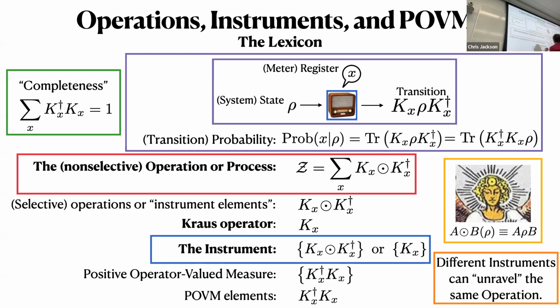Because all of this corresponds to probabilities and sampling probabilities, there's a particular condition left over on these K's, the so-called completeness relation. To recapitulate, an instrument is just a set of operators that satisfy this condition. In its purest sense, that's all advanced measurement theory is, but it has so much richness to it.